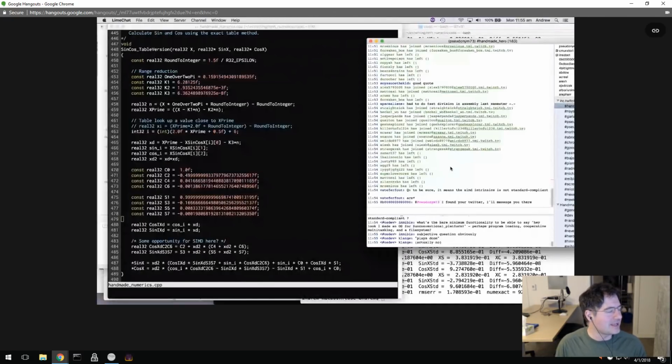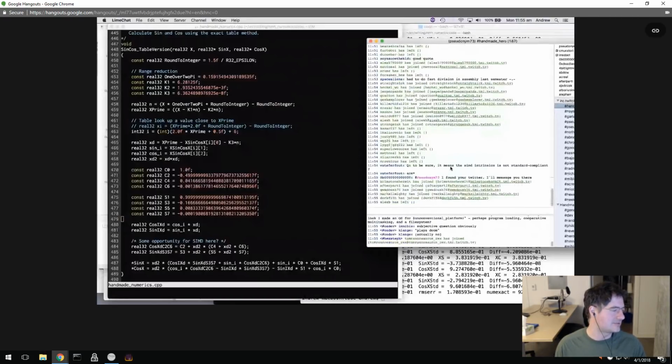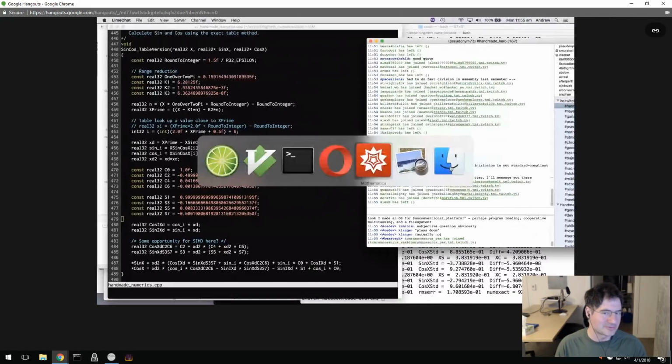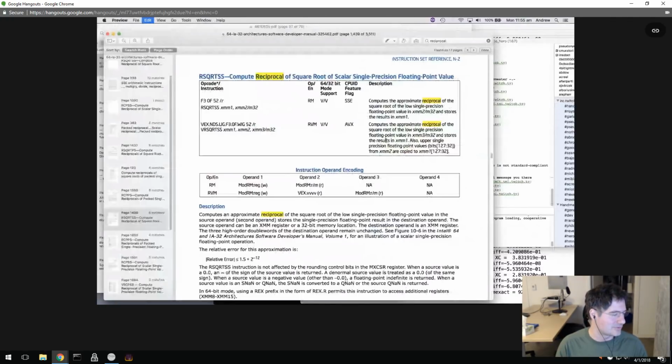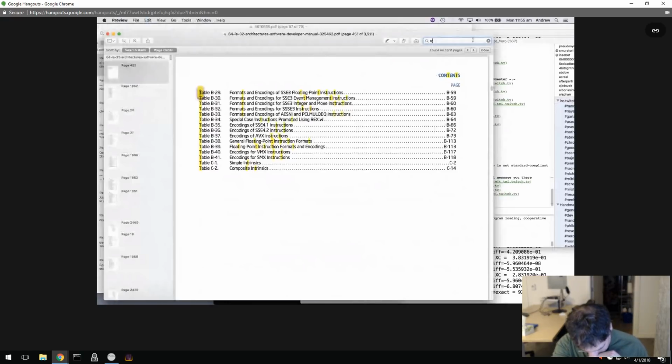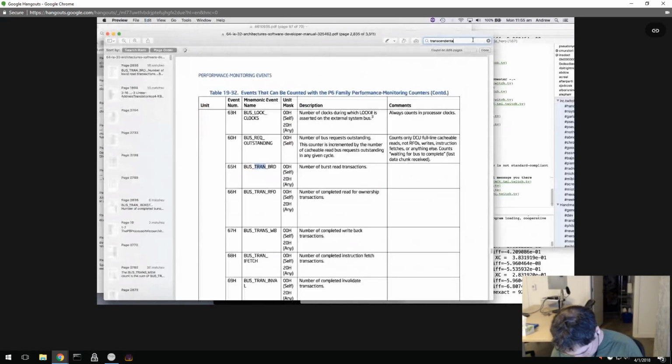So it's entirely possible to have something like the Intel square root instruction being compliant with the IEEE standard, but not compliant with the C runtime library standard. That's an actual thing that can happen, right? I don't know the specifics of that, but that's just par for the course. It probably is okay, the square root.